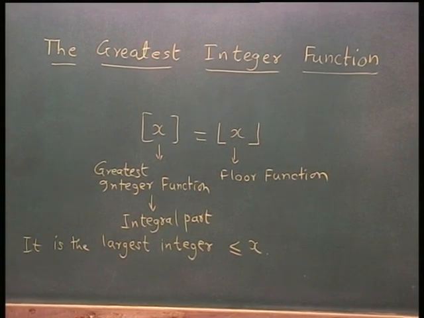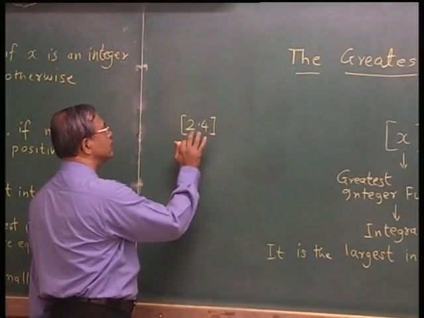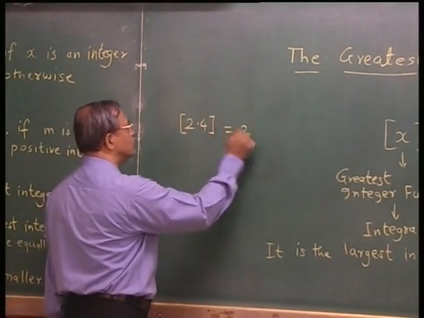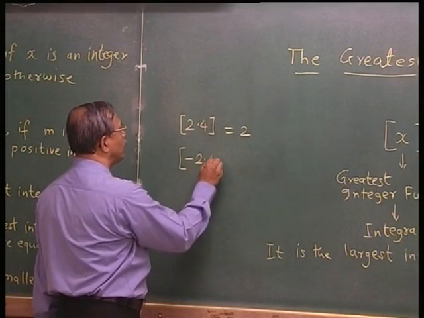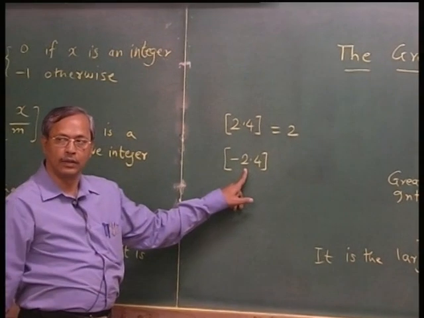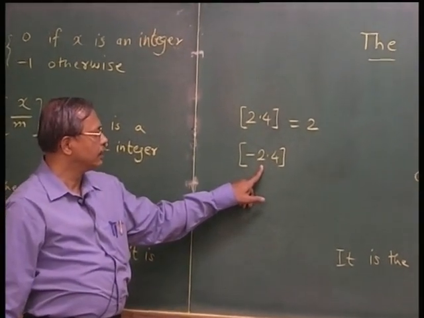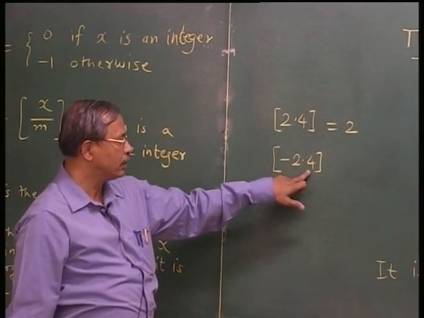So if you take 2.4, the integral part or the greatest integer less than or equal to this is 2. If I take minus 2.4, this is a negative real number, then there are two integers which are near to this real number.